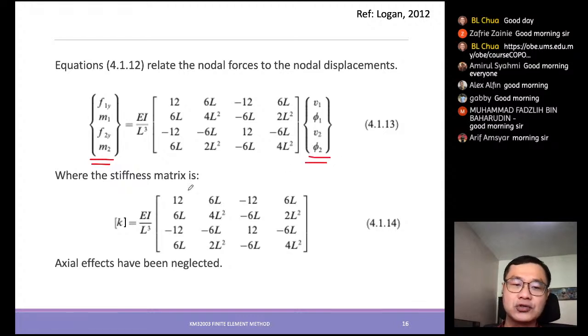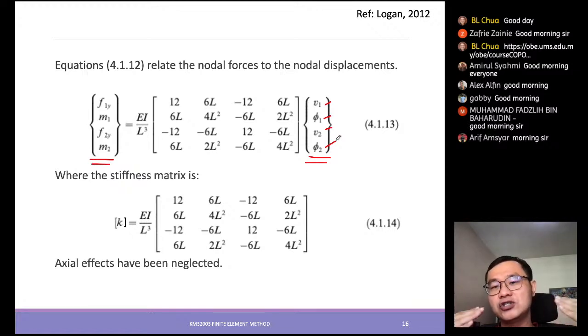Again, we call this a stiffness matrix where the axial effect is neglected, because you can see that we only consider the vertical as well as the bending. We don't consider the tension or how the shape changes across the cross-sectional area.